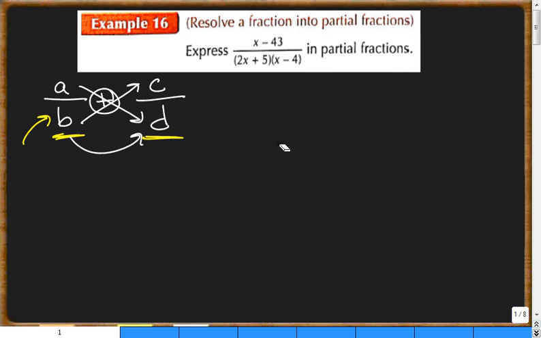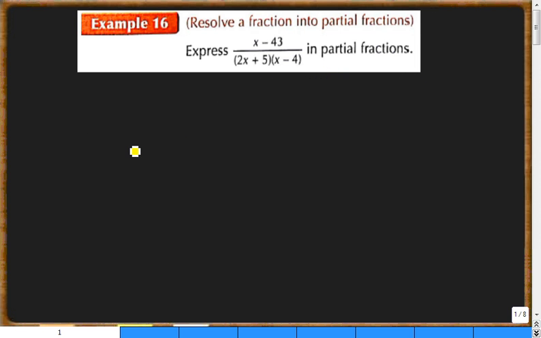So the first thing that we are going to know here is that, based off that logic, each of these two factors is going to be its own denominator in our partial fractions. We know that this is going to occur because of the way that everything worked.